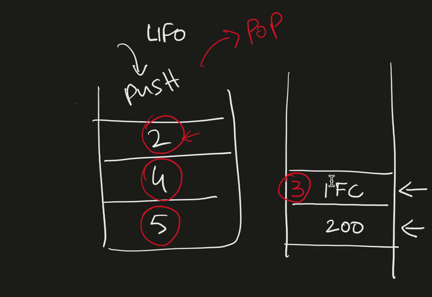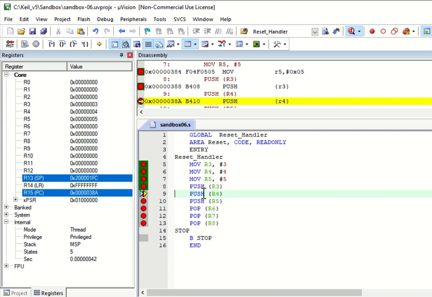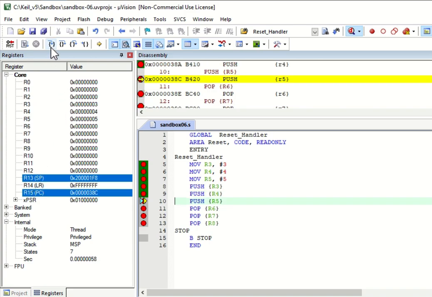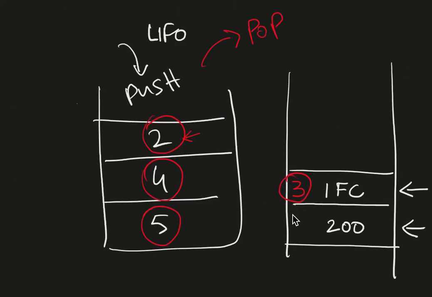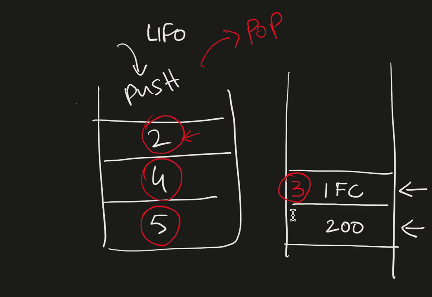Okay, I keep pushing another value, whatever is stored in R4, which is 4. So I push another item in the stack, and I'm also going to expect my stack pointer to further decrement from 1FC to 1F8. Okay, so I am expecting now that my stack pointer is going to decrement.